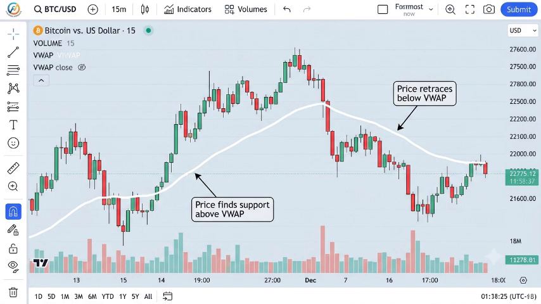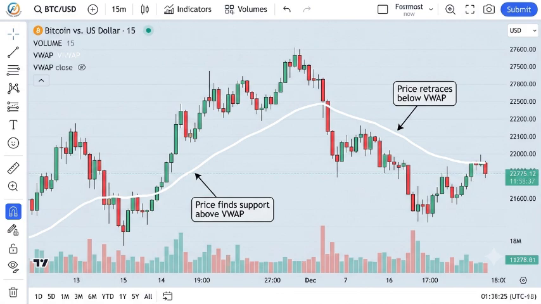A regular moving average treats every candle equally. It says, this candle at $100 matters the same as this candle at $110, even if the second candle had 10 times more volume. That is wrong. The candle with 10 times more volume matters 10 times more because 10 times more money traded there.